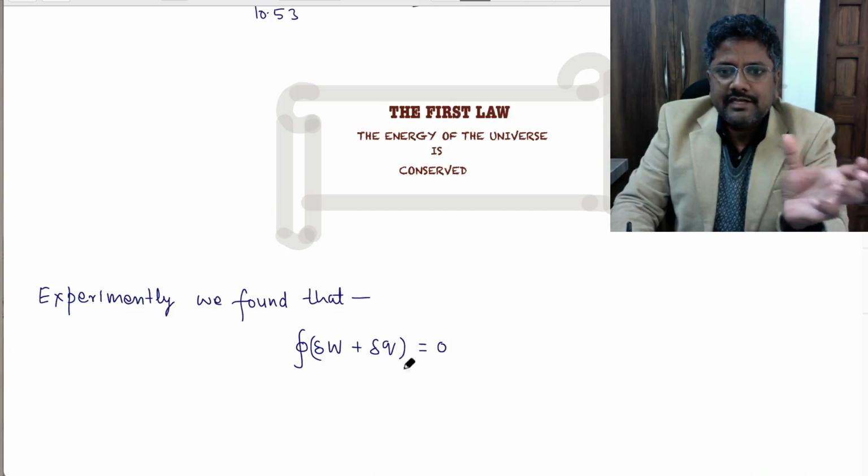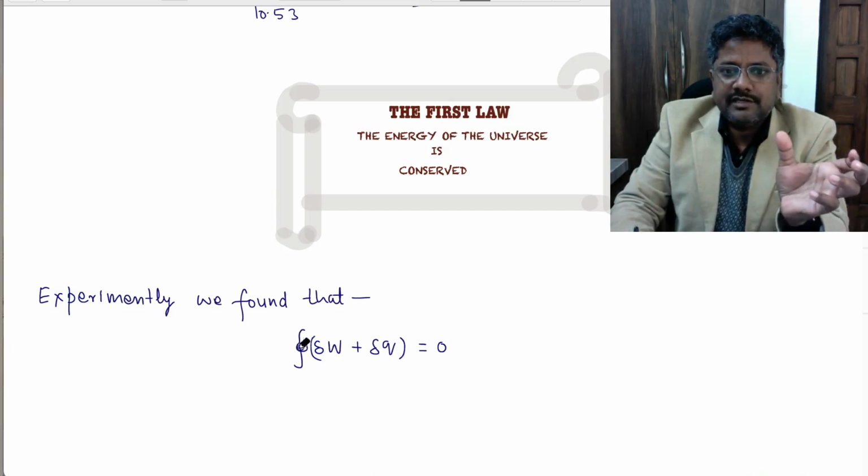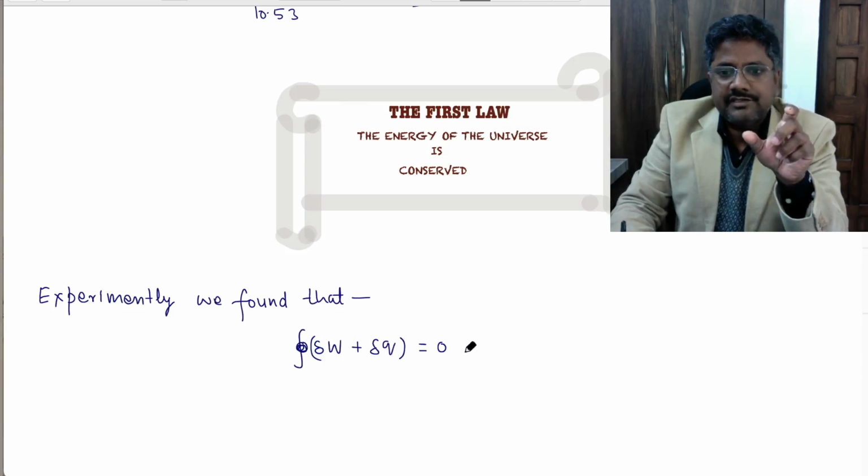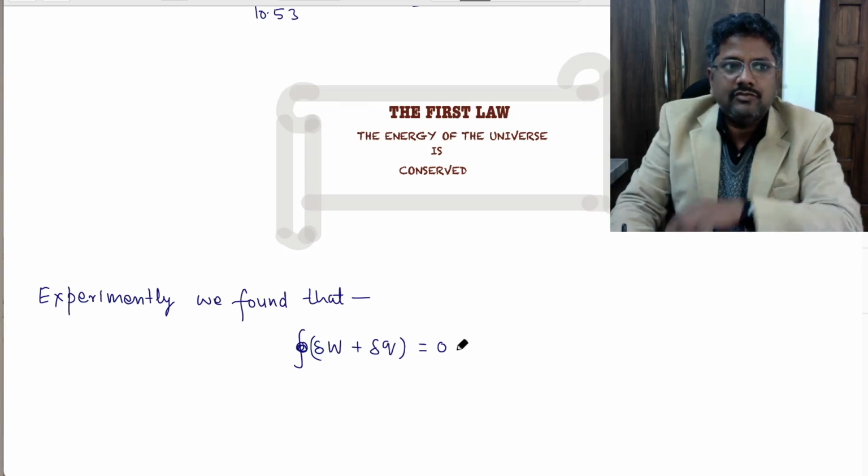In any cyclic process, this is the symbol of the cyclic process, in a closed cycle, the sum of PV work and heat change is equal to 0.